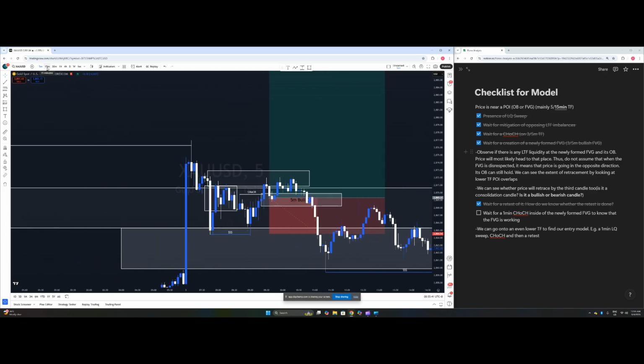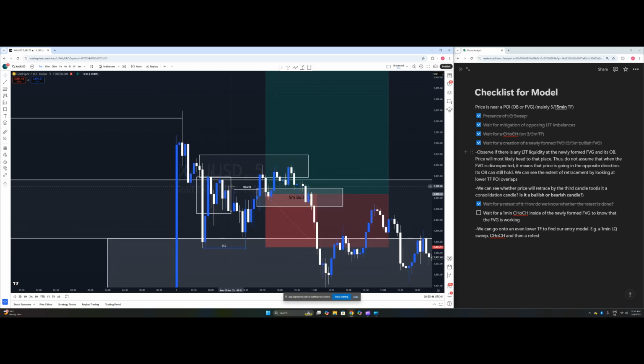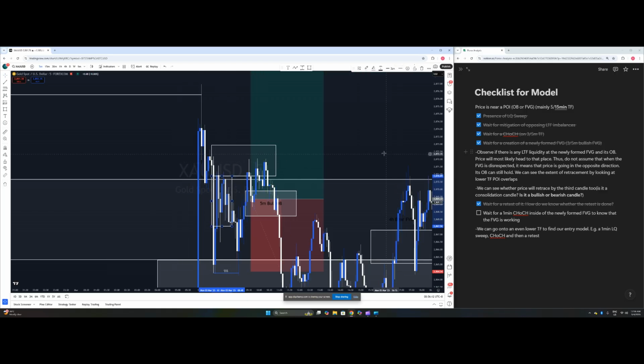So this change of character here is not a reliable one, even though we created a 5 minute bullish fair value gap in the process, right? And during the process, a 5 minute bearish fair value gap is also formed, right? So the main thing is to look out for the narrative, which was this 5 minute bearish fair value gap that was holding along with the order block, right?